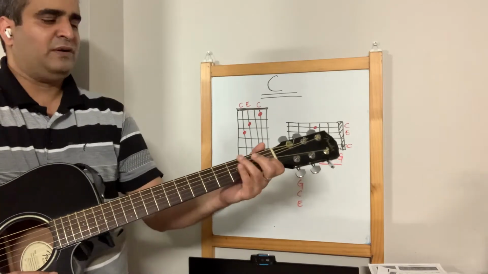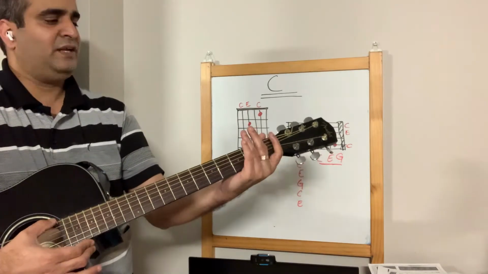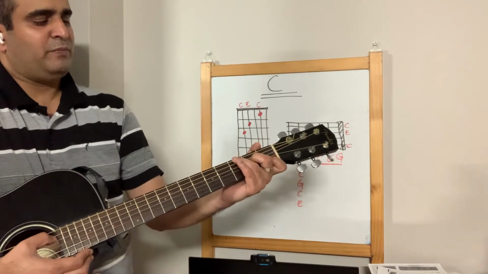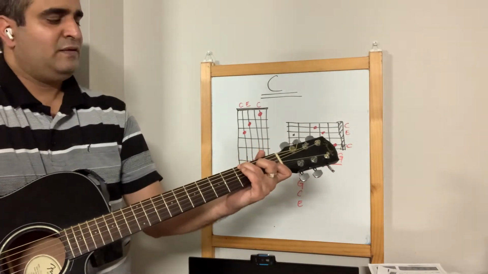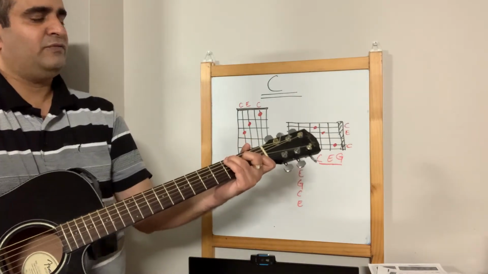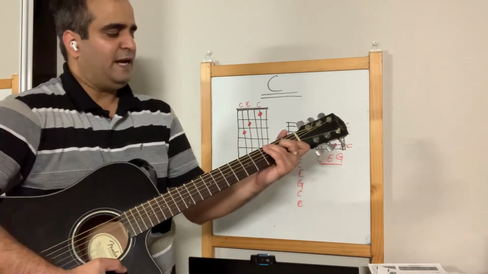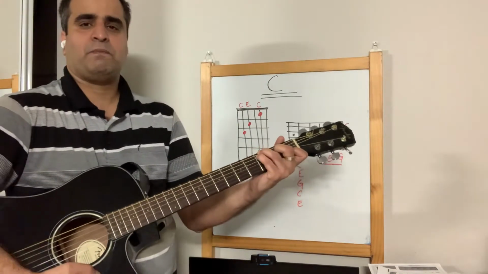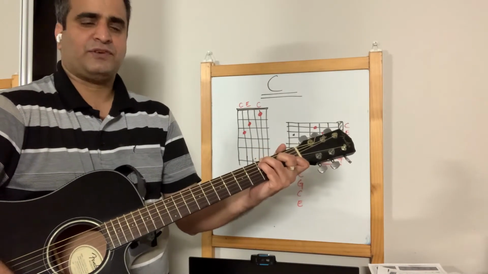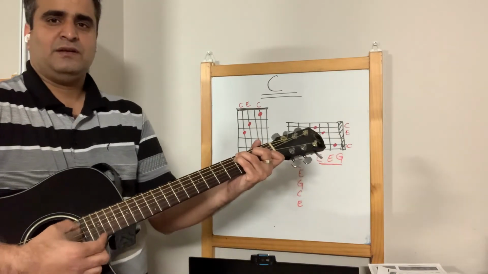If you remember, for sixth string open is E, F, F sharp, G. So you could put your ring finger on the sixth string third fret, and pinky finger on the fifth string third fret, which is C, right?